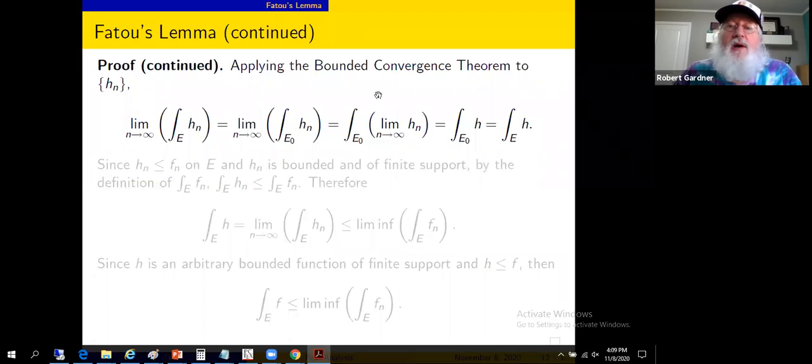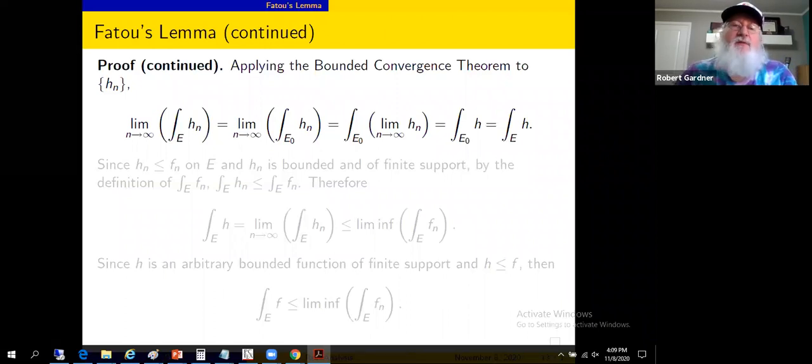All right, let's apply the bounded convergence theorem to this sequence h sub n. This was a pointwise convergent sequence of bounded measurable functions of finite support. So bounded measurable functions on sets of finite measure? Well, effectively, yes.